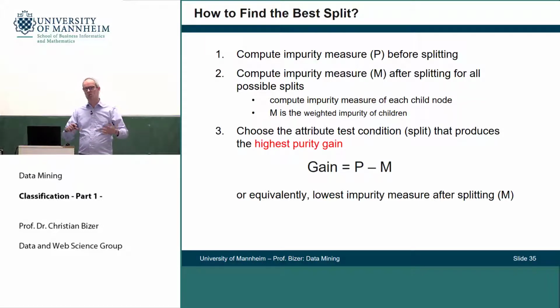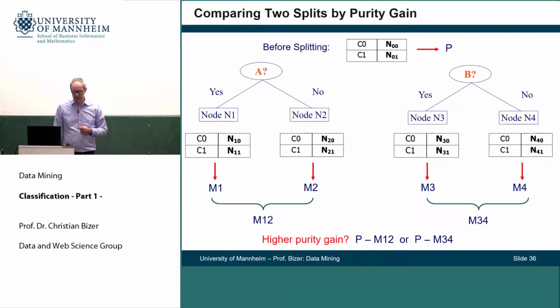So basically, we need to weight the resulting purity values according to the size of the sub-buckets. Then we have the purity after splitting, and we calculate the purity gain and choose the split that has the highest purity gain. That's our idea.